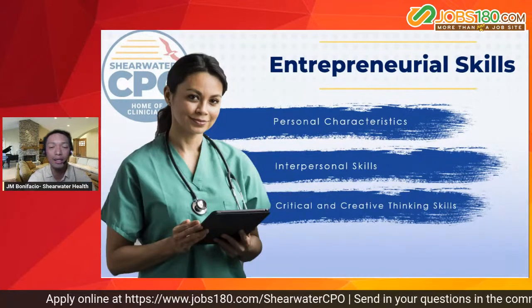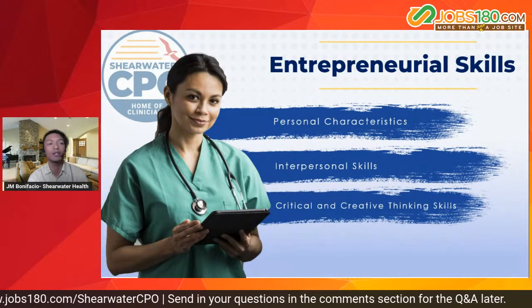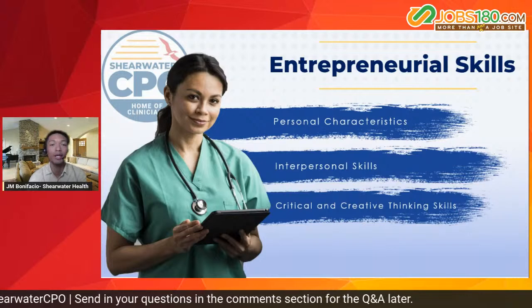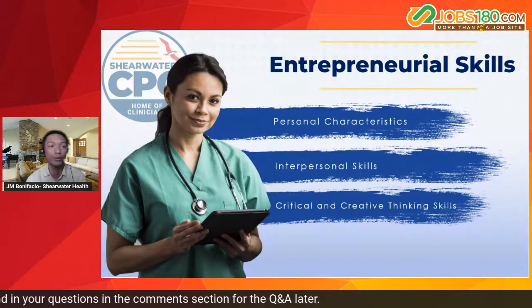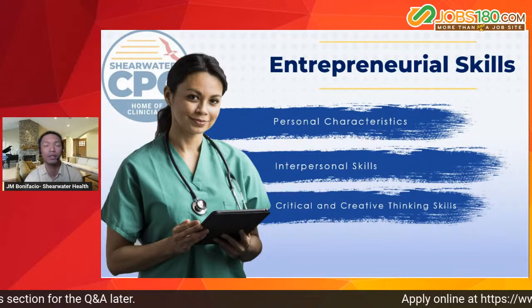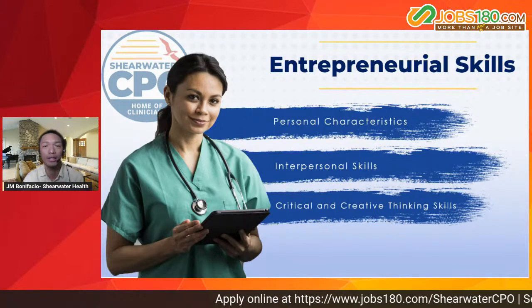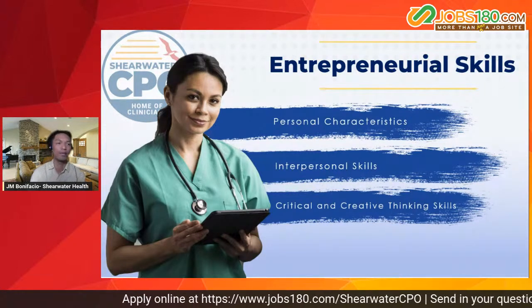And then also part of the critical and creative thinking skills will be recognizing opportunities. So do you recognize available opportunities? Later on, I'll also talk about the SWOT analysis. This is where recognizing opportunities will take place.